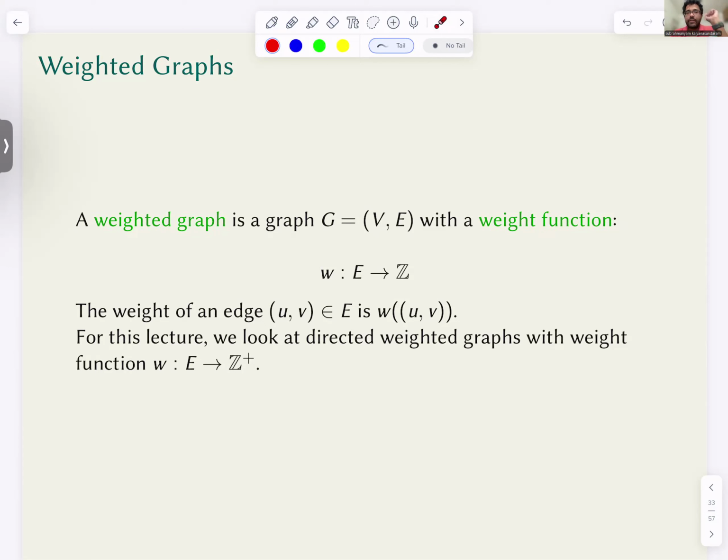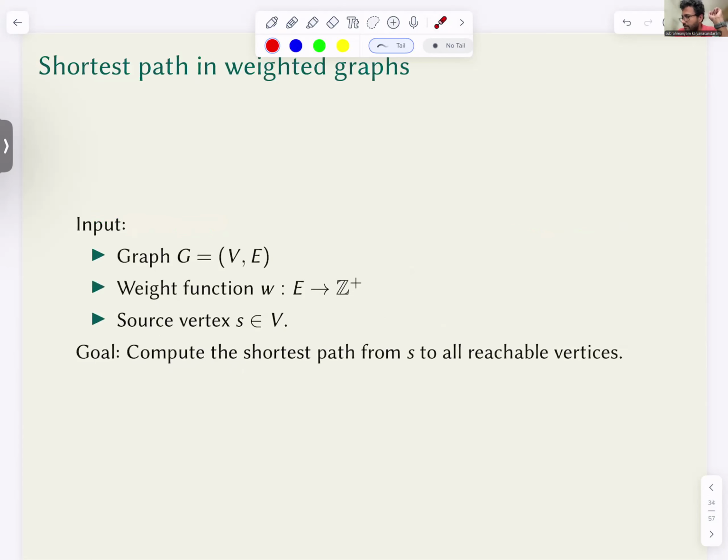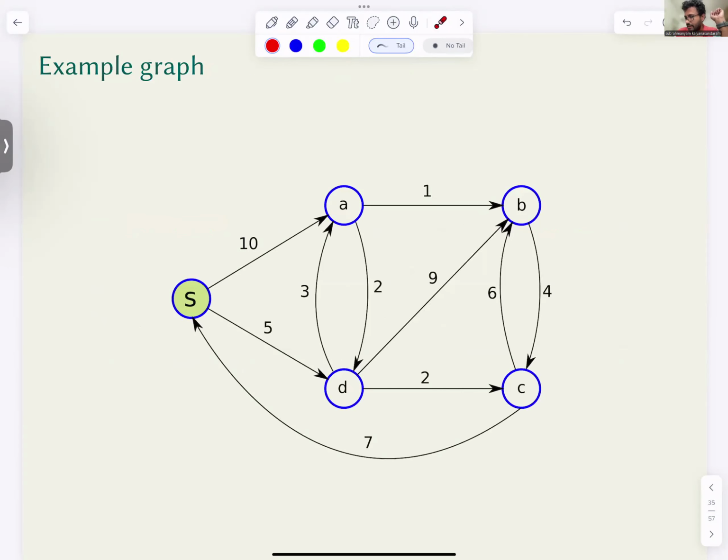Right? So now the question is, what if I actually give weights on edges, something like this? Now I have a source vertex here. Now I want to find the shortest length path. So what is the shortest length path from S to B?